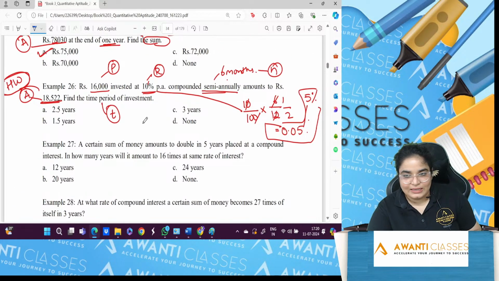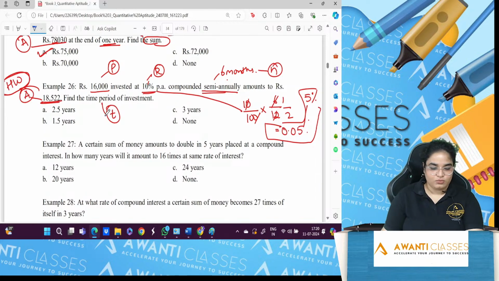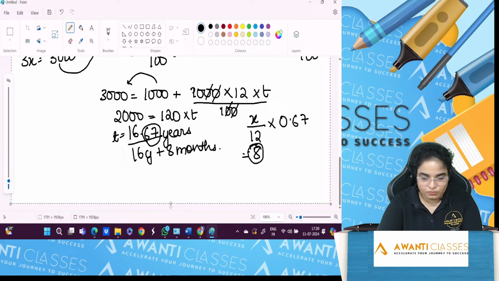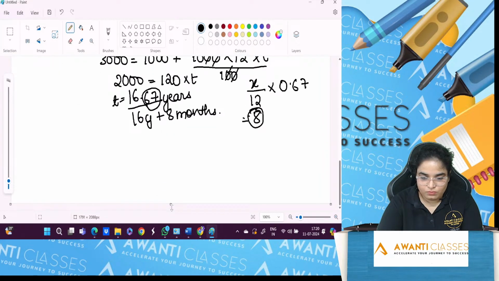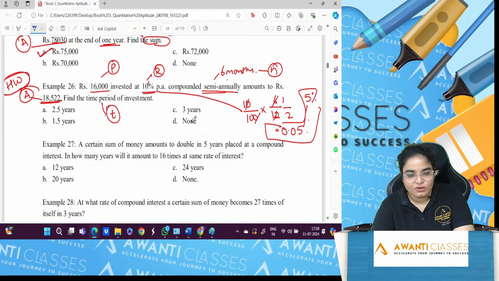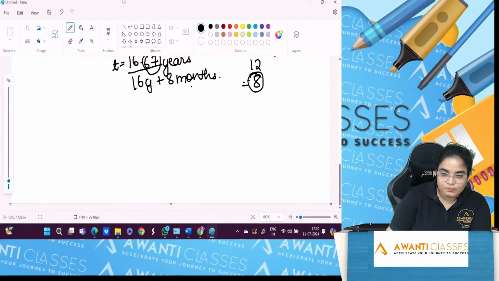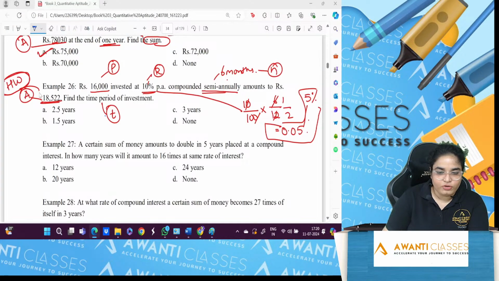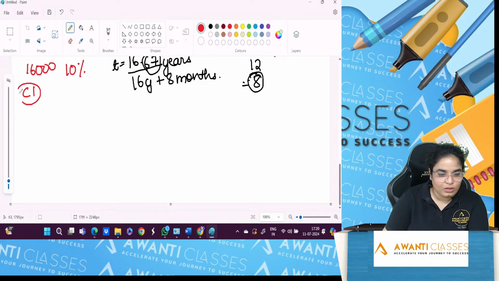Example number 26. What did they say? They're telling us 16,000 was invested at 10% per annum, compounded semi-annually.